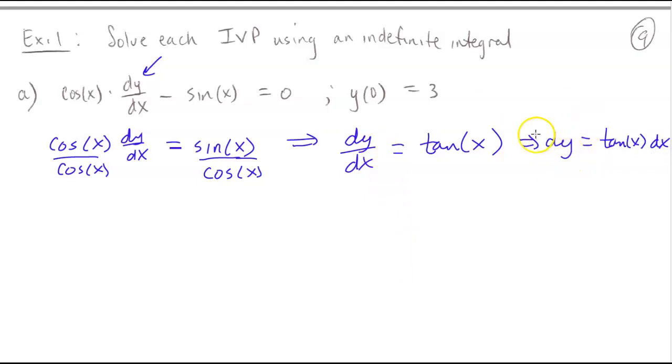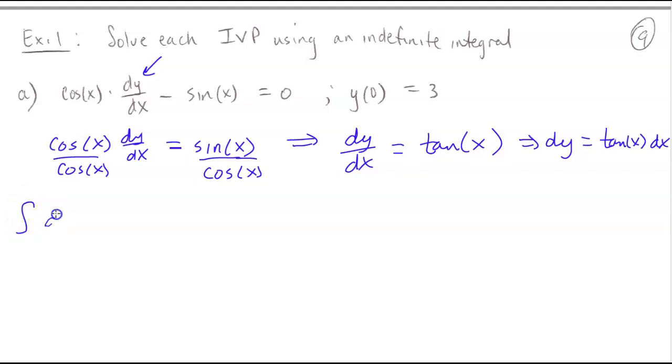From this point, we could figure out the antiderivative of tangent without too much difficulty. You could look at an integral table, or just memorize it, or you could use a substitution rule to figure it out, okay? I'm going to assume that you don't know it and use the substitution rule.